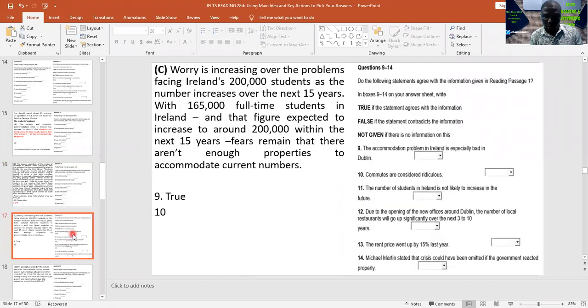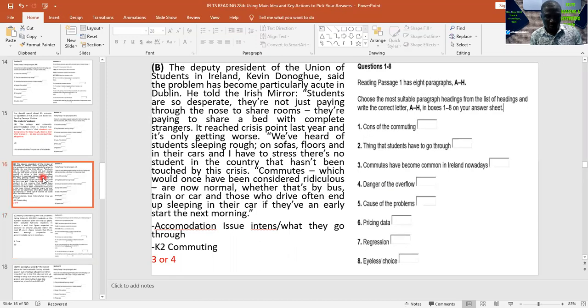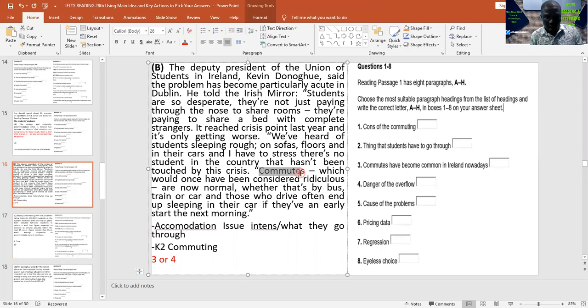Sorry, let me go to the question again. Commutes are considered ridiculous. Now they are considered normal. They were considered ridiculous. So when you look at the sentence, are considered ridiculous, this is where you will pick your answer. Commutes are now normal, because you need to check the way the question is presented.